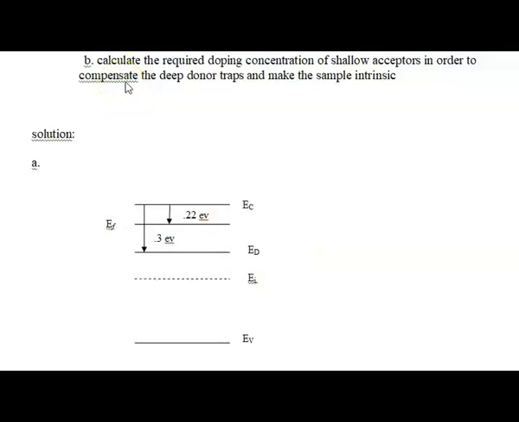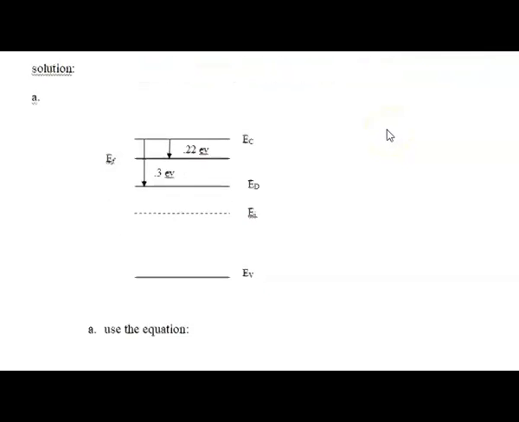So we want to calculate the required doping concentration of shallow acceptors in order to compensate the deep donor traps and make the sample intrinsic. Again, I would repeat, in this particular case, everything is precise. In practice, it probably wouldn't work, but in theory, a lot of things work that don't work in practice. So this is a calculation in theory. Okay.